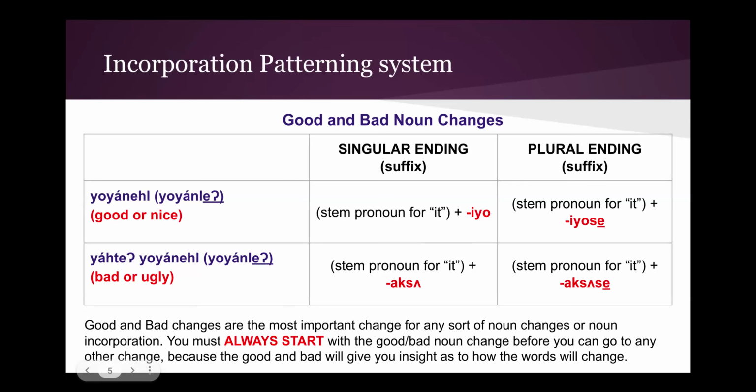And so we have different suffixes, or endings, that represent the meaning good or bad. So when you hear EO on the end, that means that something is nice or good. If you hear haksum on the end, then that means something is bad.